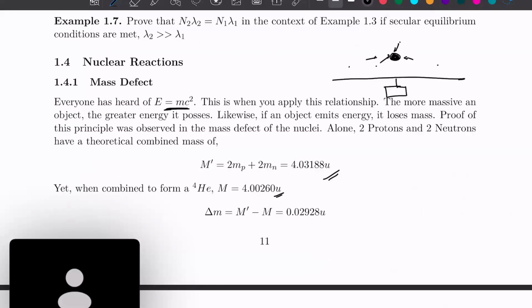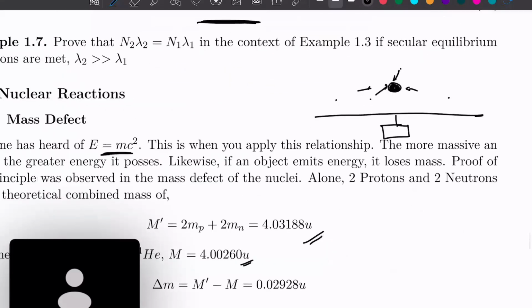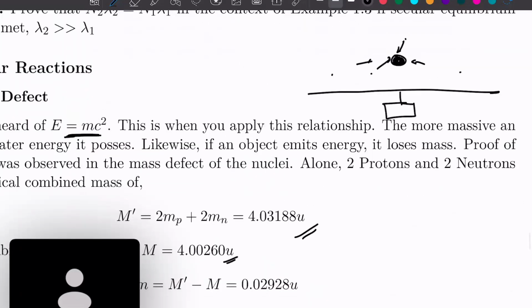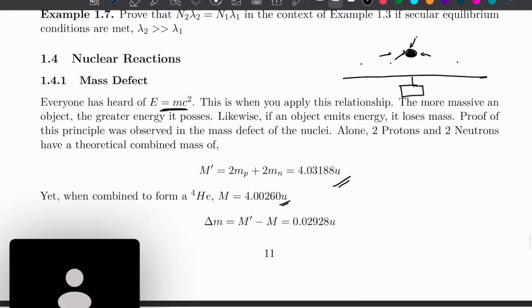It's a pretty famous equation lah, so I don't think you need to memorize this. E equals mc squared. So this is basically an observation of E equals mc squared. Why? We just realized that mass has decreased when nucleons are attracted to each other.